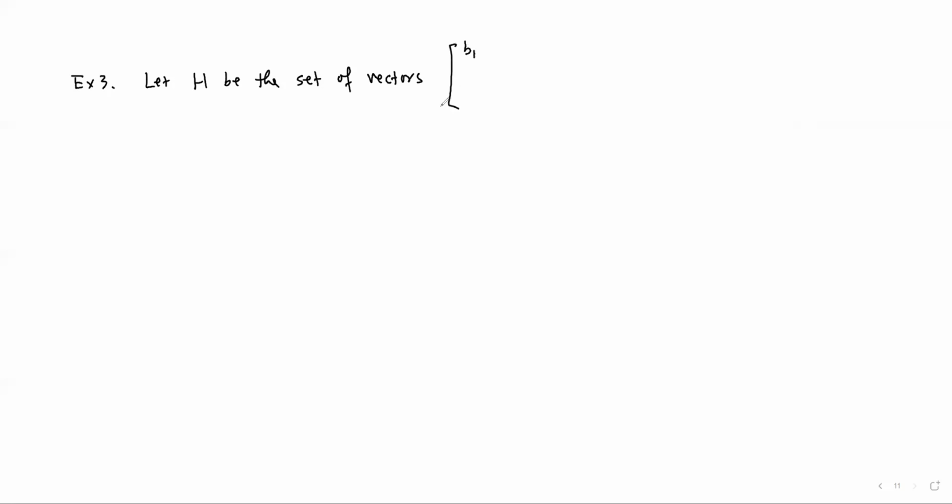A number, second number is equal to the first number, third number can be different, where B1, B2 are arbitrary numbers.